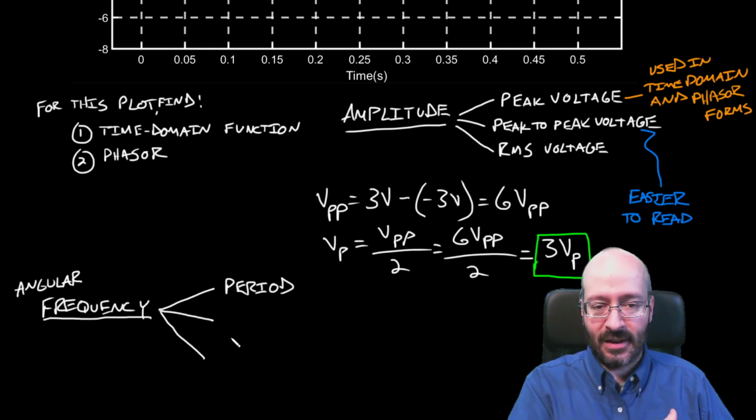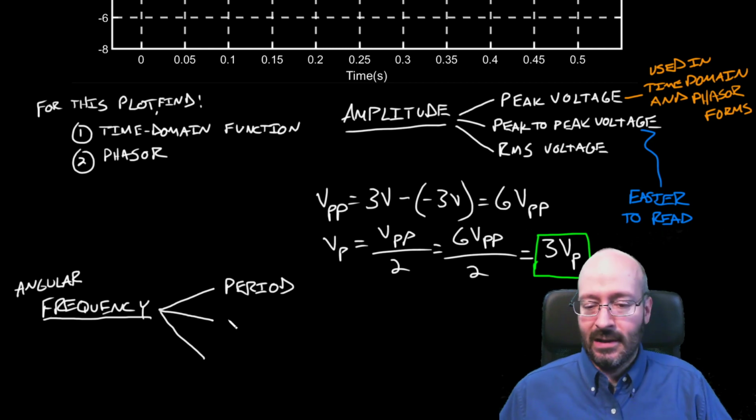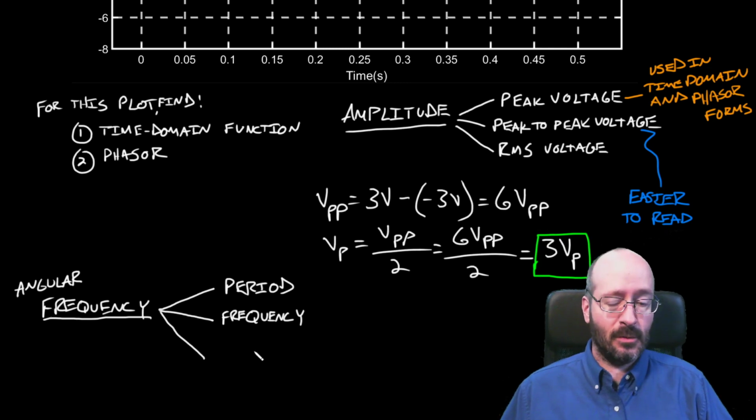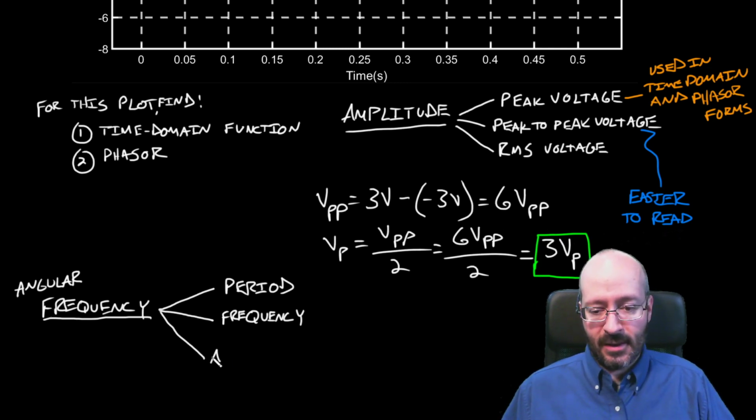We can't look at how many cycles per second quite as easily. Okay, so we're going to measure period. We're going to convert that to frequency. Frequency is going to be measured in hertz, or cycles per second. And then once we have that, we can easily convert it to angular frequency.